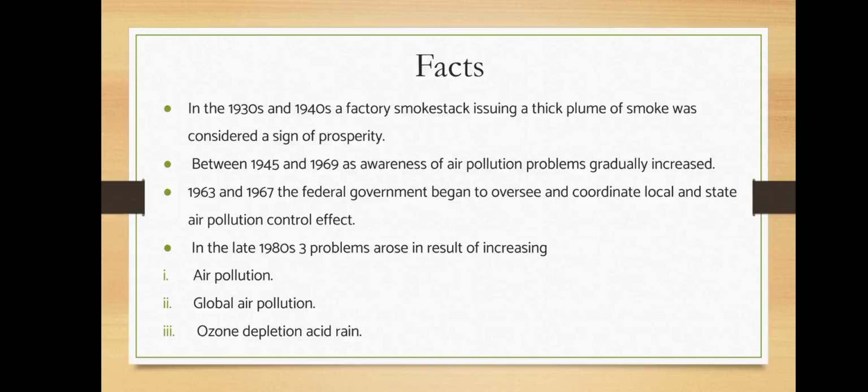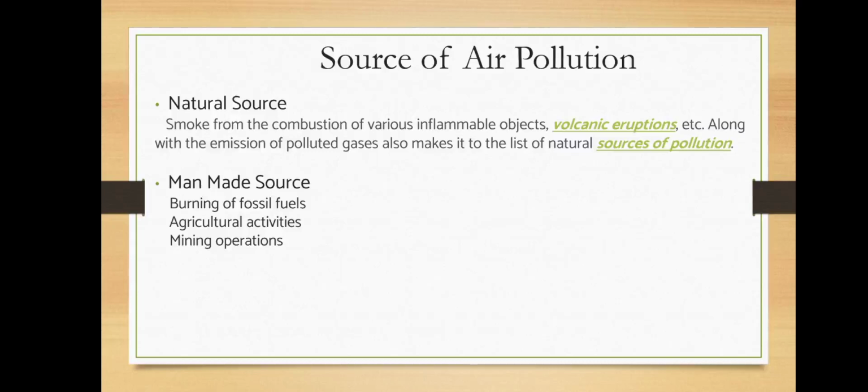In 1963 and 1967, the federal government began to observe and coordinate local and state air pollution control efforts. In the late 1980s, three programs arose as a result of increasing urban air pollution, global air pollution, and ozone depletion and acid rain. And the next is source of air pollution.